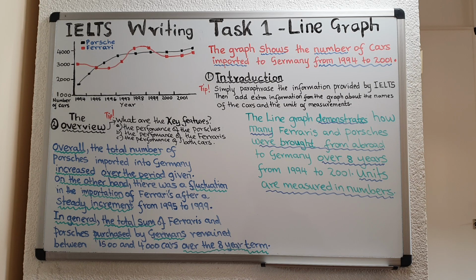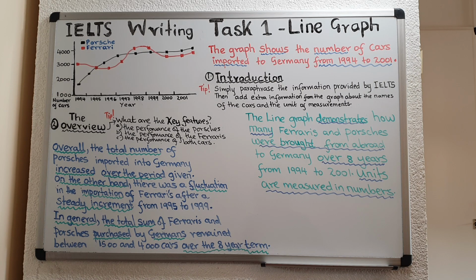Usually they are about 2 to 3, but most of the times they are 3. And then what should you do? You write a sentence about the first key feature, and then you write another one about the second key feature, and then you write about the third key feature.